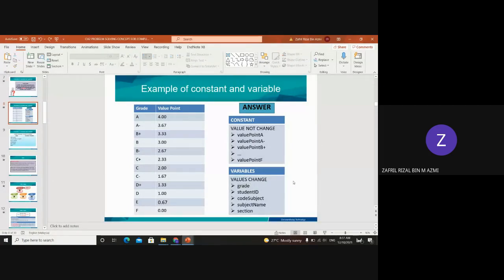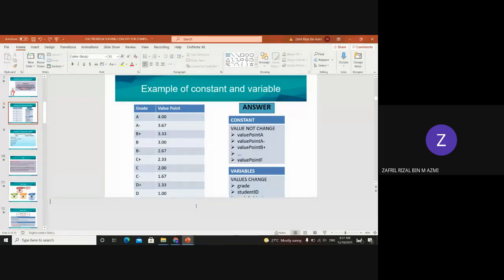Okay, I'll give you one example. Let's say I want to create a new variable, which is value point. What should I make this? Is it a normal variable or a constant? Constant.